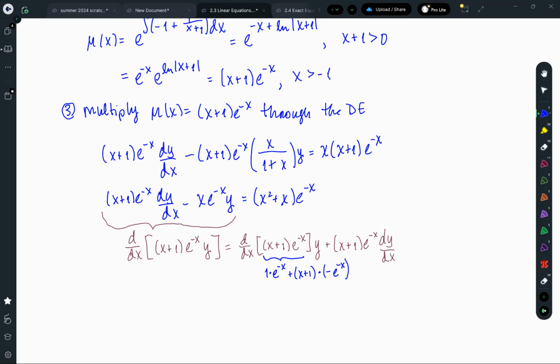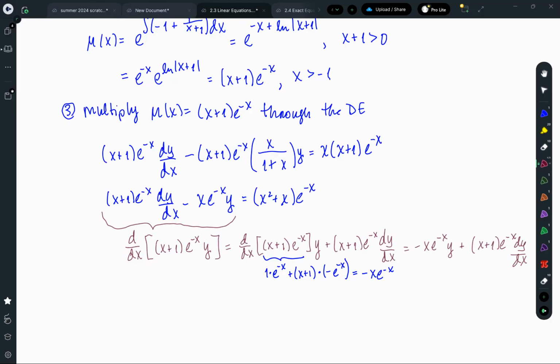And when we distribute everything through and combine like terms, this is just going to equal minus x e to the minus x. Okay, so that becomes minus x e to the minus x times y plus, in parentheses, (x plus 1) e to the minus x dy dx. And that is exactly what I have up above.